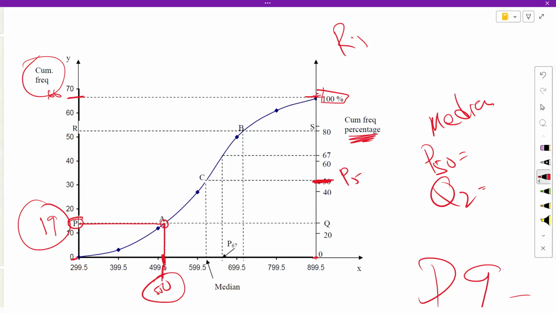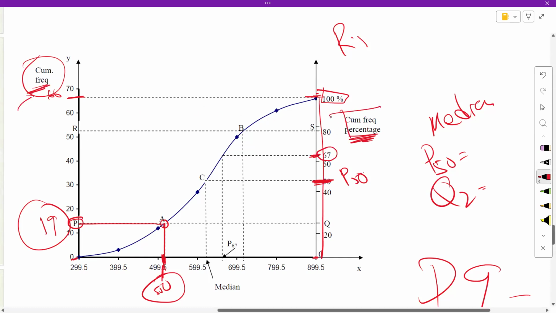If we take 50 here, this means the 50th percentile. If you want to find the 67th percentile, you just find where 67 is on the scale of hundred. So there are two scales. On the left hand side, you can see the numbers, the cumulative frequency. Here, the cumulative frequency percentage.